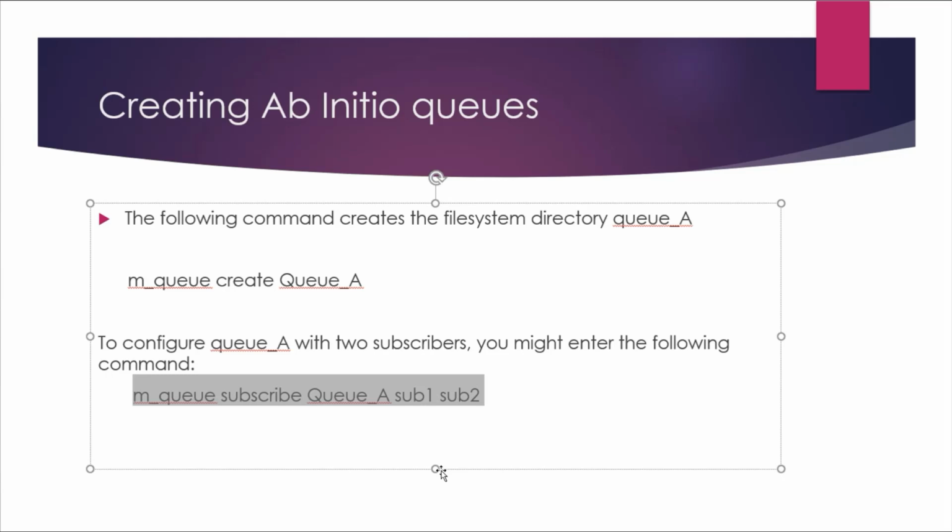The subscriber of graph A will have its own cursor, and the subscriber of graph B will have its own cursor. This is why we need the subscriber.